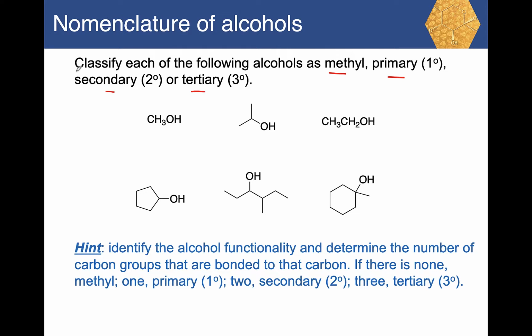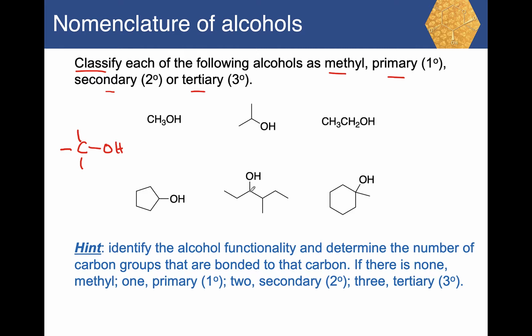It's classification. And remember, classification here means the carbon that has the OH. We look at what is bonded to it. If there are 3 alkyl groups, then it's a tertiary. 2 alkyl groups, secondary. So again, identify the OH functional group.